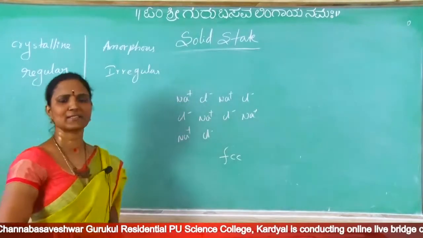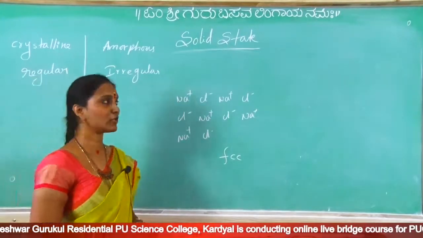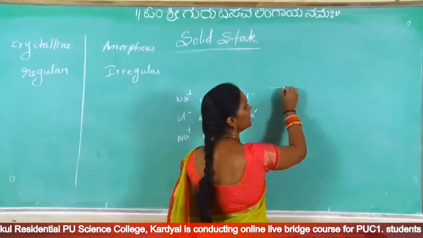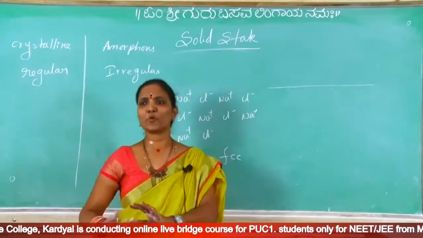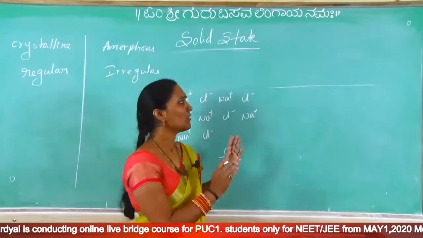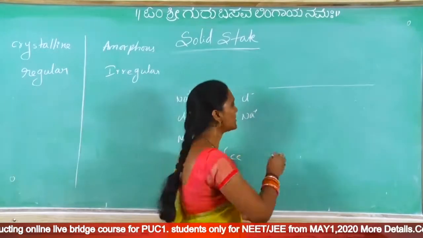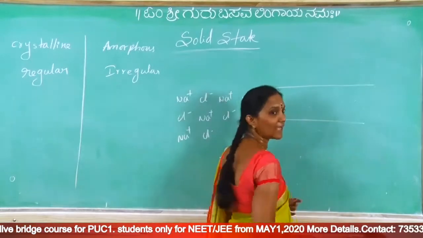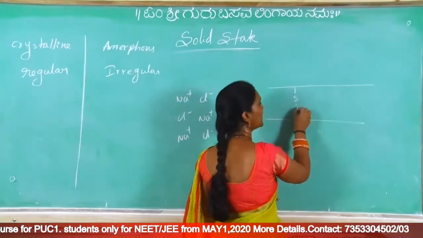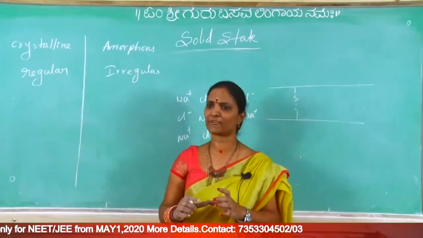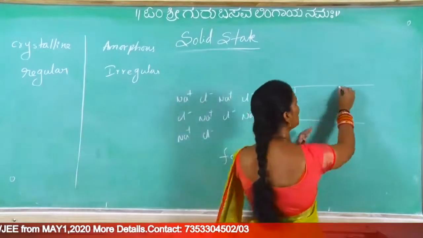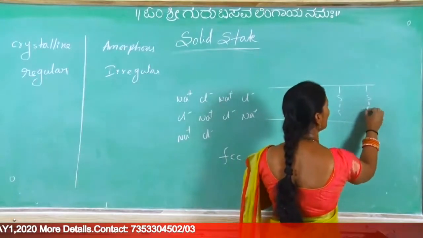Come to amorphous, for example rubber. In rubber, an organic compound, carbon chains are present, which we are going to learn in polymers anyhow. Now these carbon chains are linked by sulfurs. There is 1 sulfur, 2 sulfur, 3 sulfur atoms at different positions, no exact position.